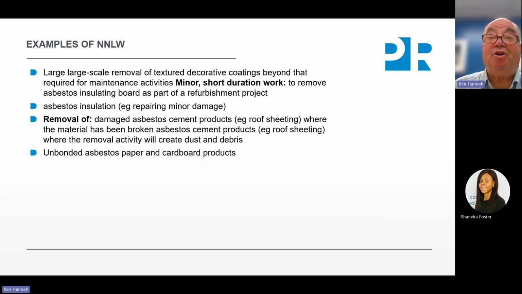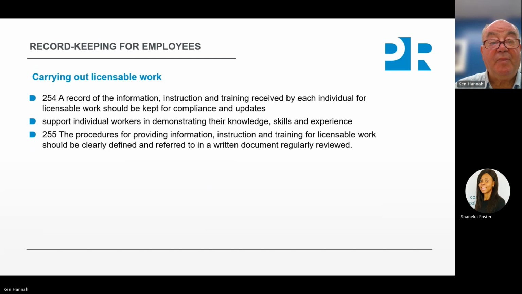A lot of low-intensity materials are viewed by the HSE as important work, and they must be controlled and taken to a licensed site, particularly if they're unbonded, and fracturing them might create the release of fibres.